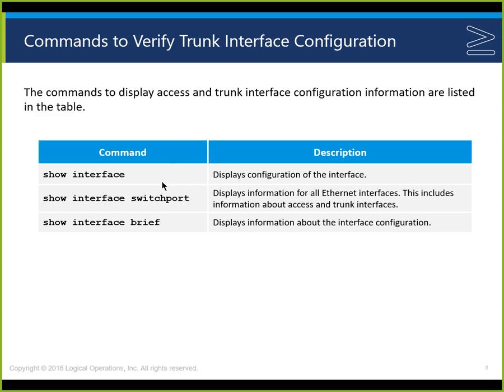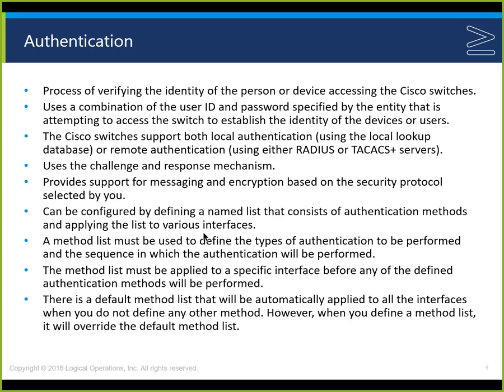Show interface, and we have looked at that, displays the configuration of the interface. Show interface FastEthernet 0/1. Show interface switchport gives information about the links, including the access and trunk interfaces, and then show interface brief displays the configuration information.